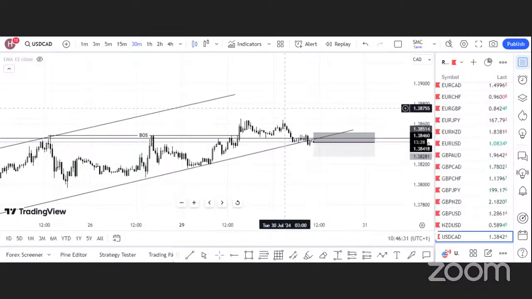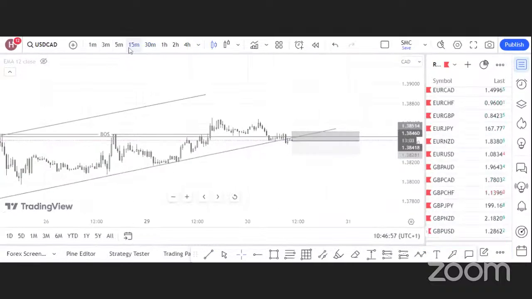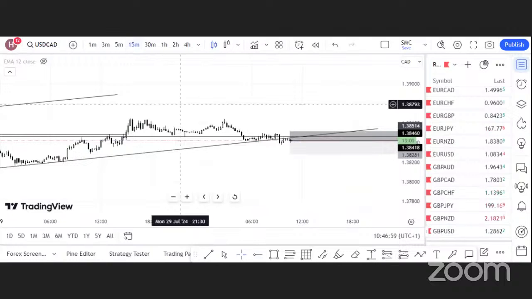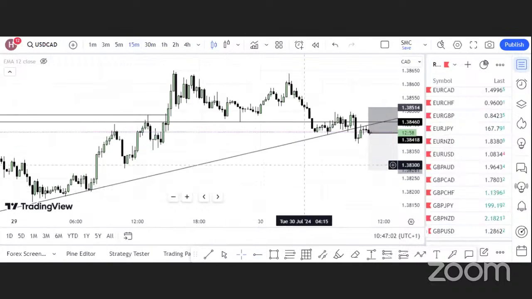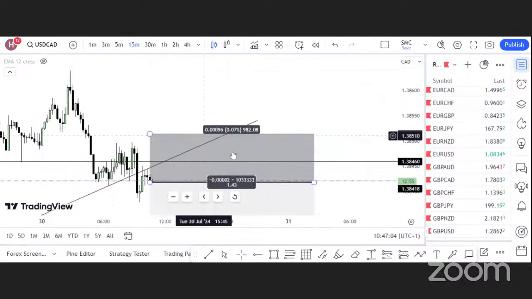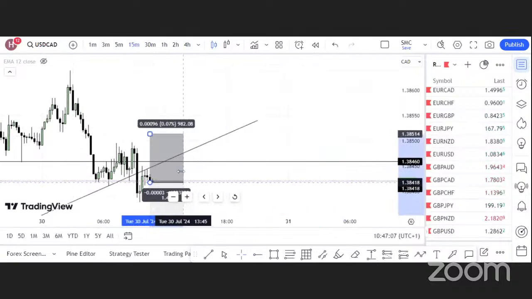All right. So now let's go to, let's say, the 15 minutes time frame. So we want to see if we can get a better view of the market from the 15 minutes time frame.